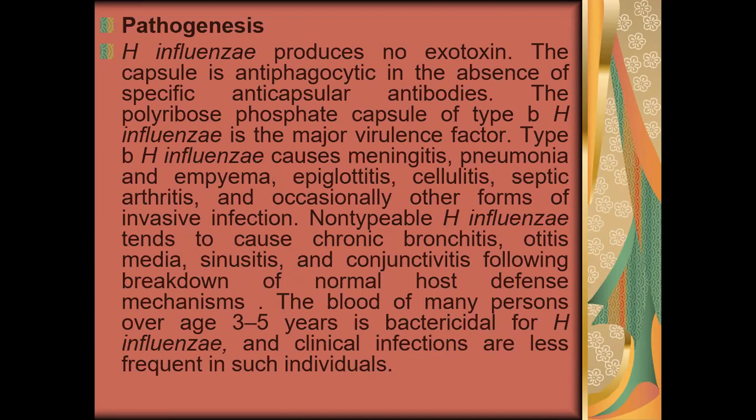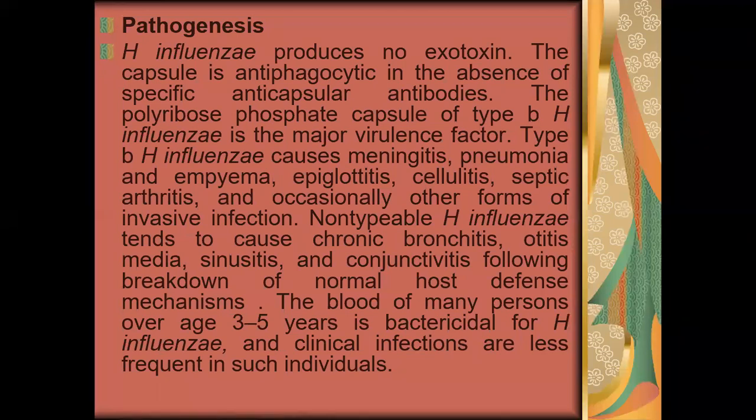The blood of many persons over age 3 to 5 years is bactericidal for Haemophilus influenzae because it contains a large amount of antibody against the bacteria, and clinical infections are less frequent in such individuals. Infection with Haemophilus influenzae type B increases in the age group between 1 to 5 years and decreases with age.